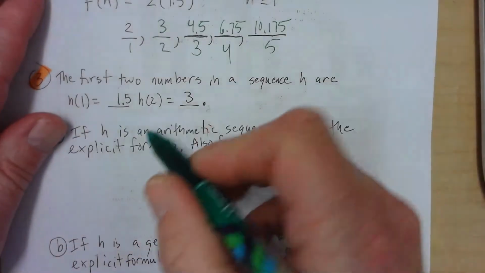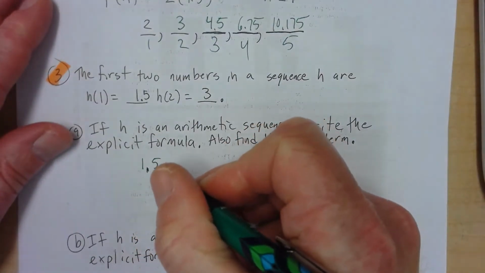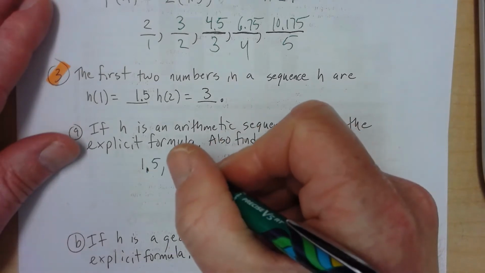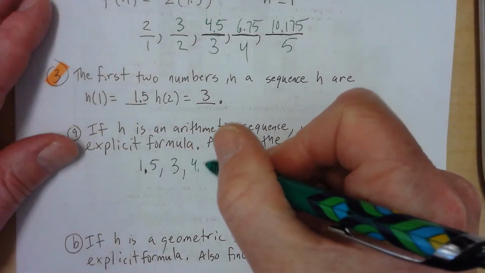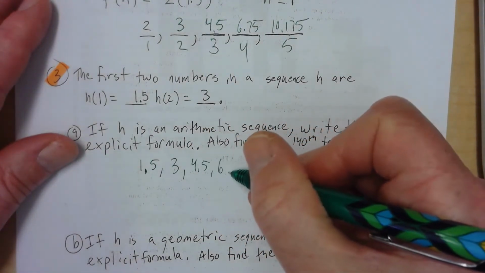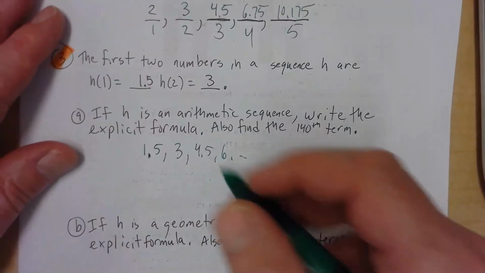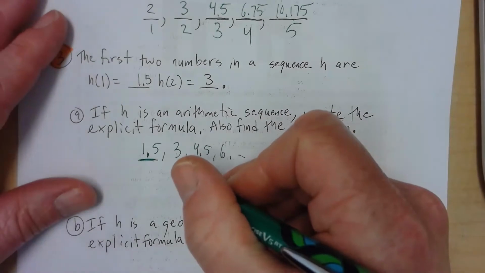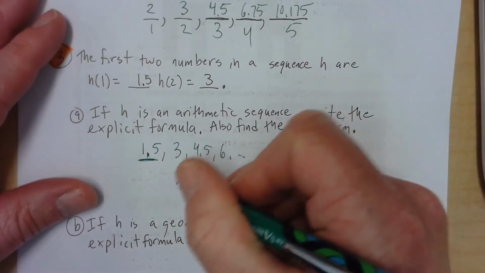So if you're thinking about this as arithmetic, you would be 1.5, and then you're adding 1.5. So I would do 3, and then I would do 4.5, and then I do 6, etc. So I'm adding 1.5 every time. So when you do the explicit formula, you do f of, well, it's h, I guess.